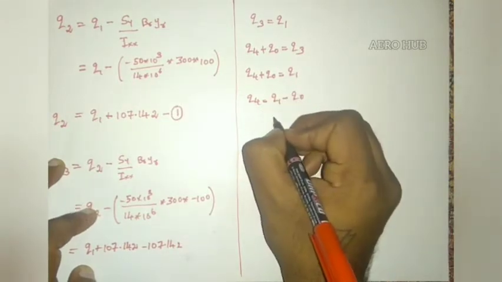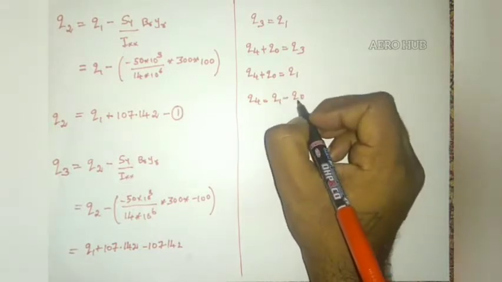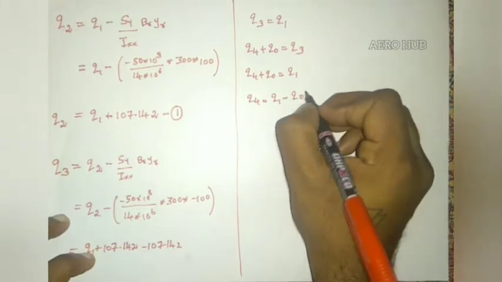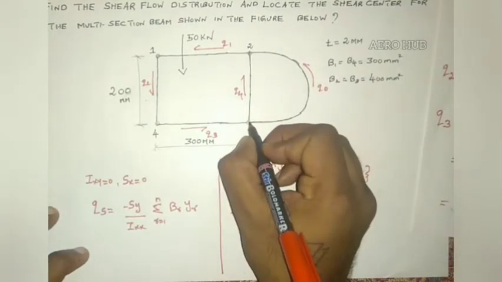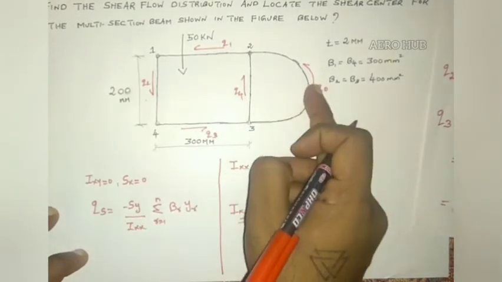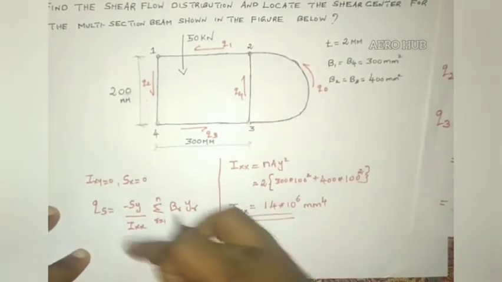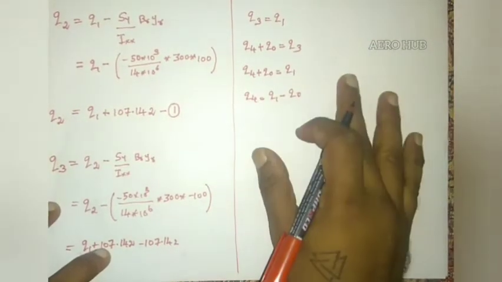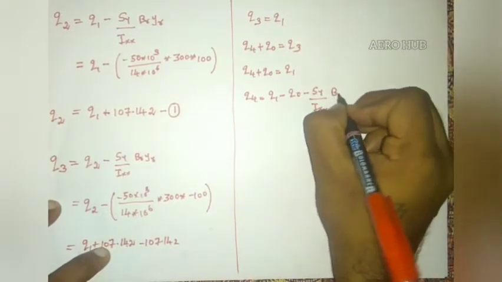Okay, what is Q0 here? Q0 we have a term, Q1 we don't have. Plus you have to consider, listen, we have the boom area here, and Q3 is coming towards the point 3 and Q4 and Q0 is leaving the point 3. Now we have to consider the change in shear flow, that is nothing but this entire term. So that will be Q1 minus Q0 again minus Sy by Ixx Br Yr.